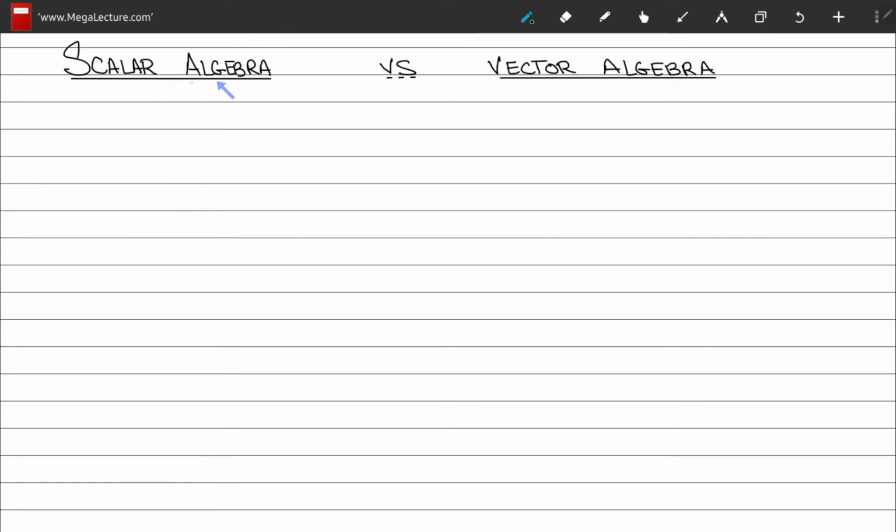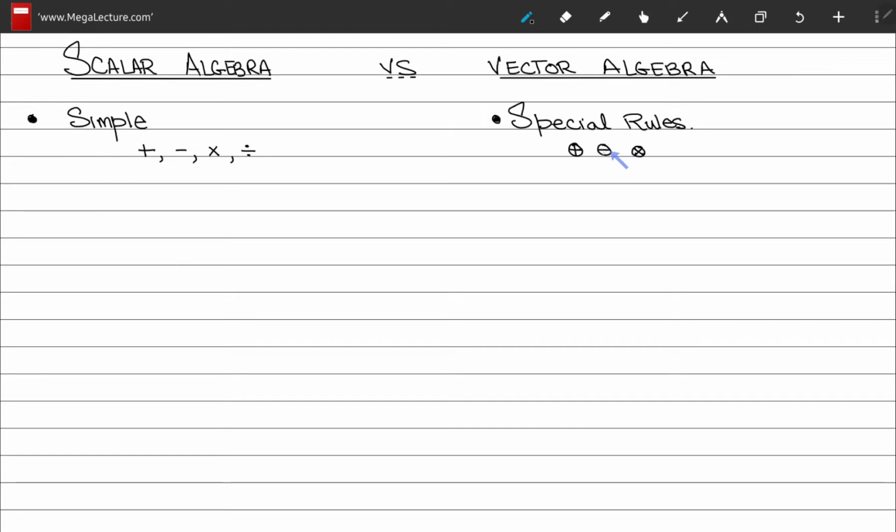Now let's very shortly discuss scalar algebra versus vector algebra. Scalar algebra follows simple arithmetic rules, such as your normal everyday addition, subtraction, multiplication, and division. While vector algebra follows a set of special rules for addition, multiplication, and division.